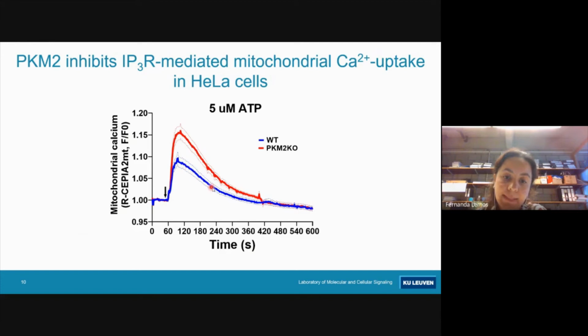So here in the wild type, we have a lower signal compared to the absence of PKM2, here represented in red. And we decided to check if, in addition to the modulatory effect of PKM2, another difference could explain these results in the mitochondrial calcium uptake.